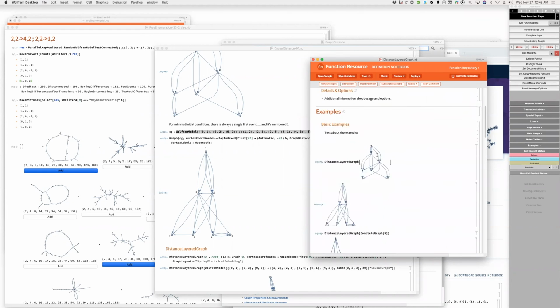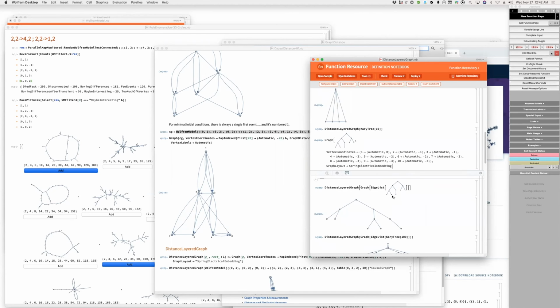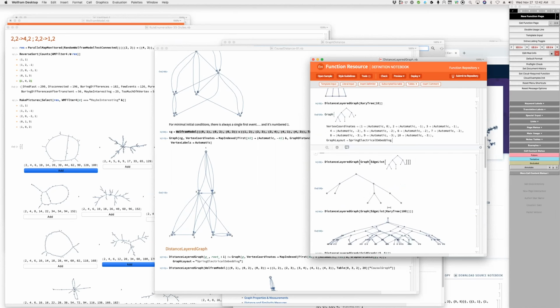The original graph is already distance layered, so the fact that it messes around is kind of stupid of it, right? It didn't need to do anything. No, I understand that.